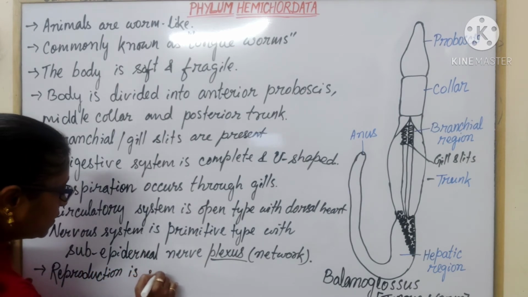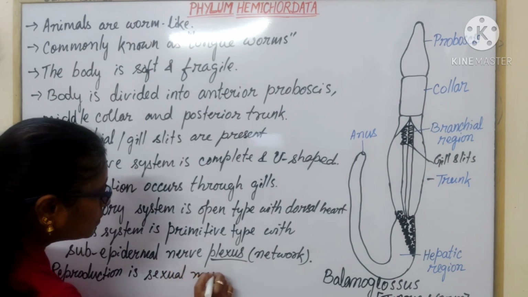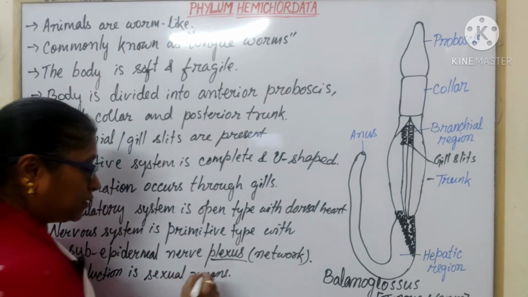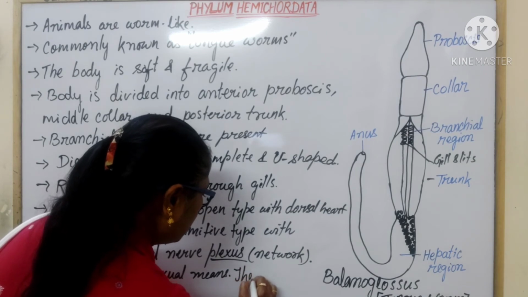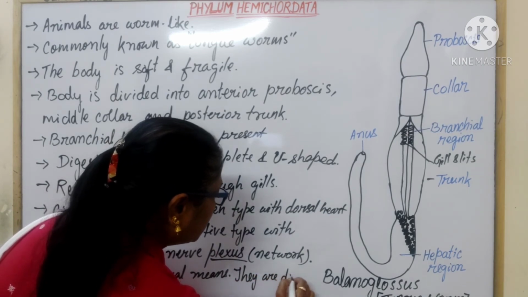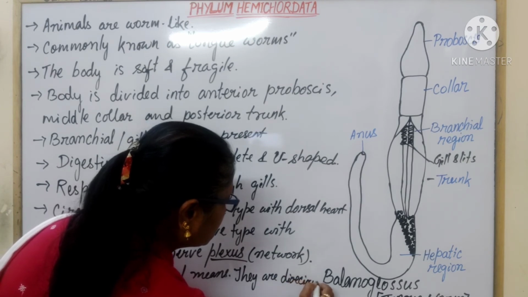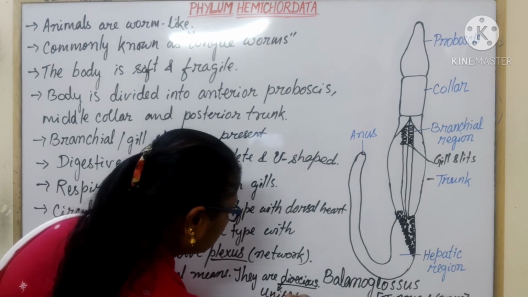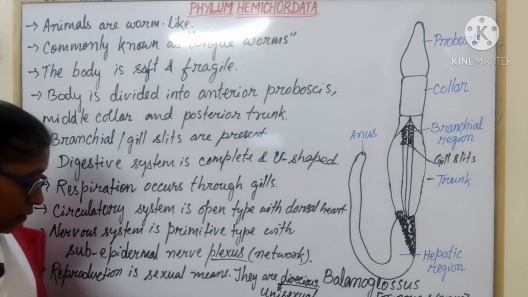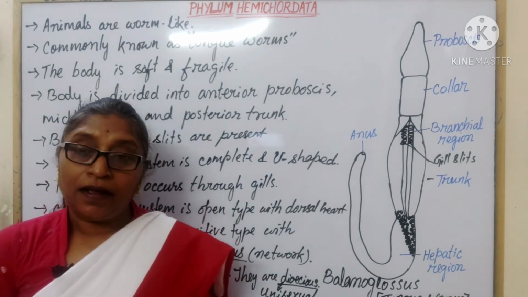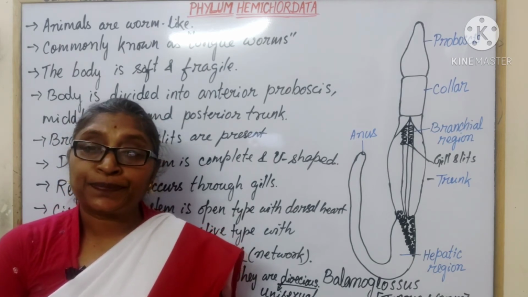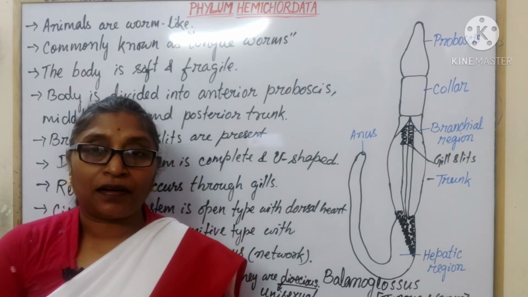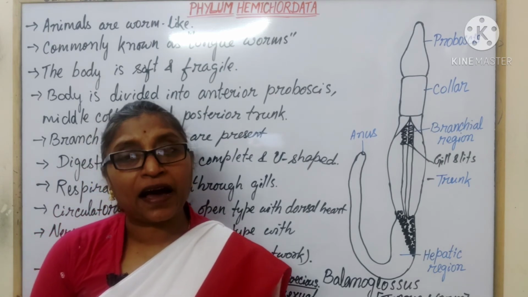The fertilization is external and the development may be direct or indirect, mostly indirect through the larval form called Tornaria larva.